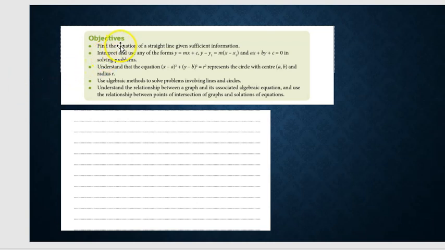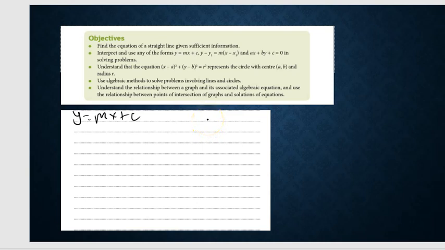We need to find the equation of a straight line given sufficient information, and we also need to interpret and use any of the forms of the equation that we know. By now we are used to the equations of a straight line. We know we can have y equals mx plus c, the equation of a straight line.